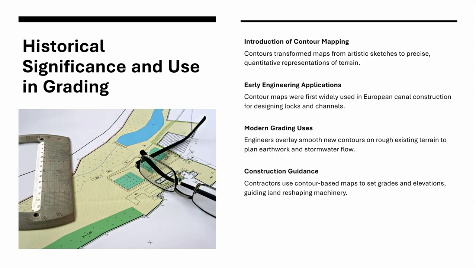The comparison reveals the earthwork required, where the site must be cut down, where the fill must be placed, and how stormwater will eventually flow across a finished site. Contractors then build directly from those contour-based plans, using them to set grades and elevations in the field. A contour map in that sense is not just a drawing, it's a construction instruction, telling machines how to reshape the land.